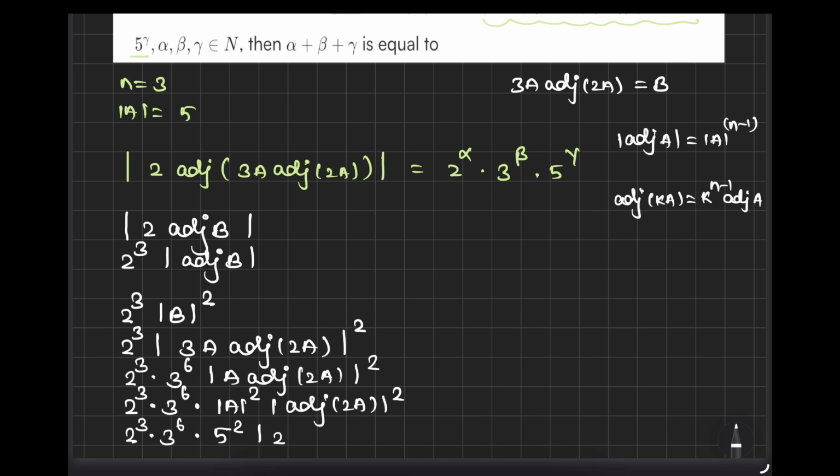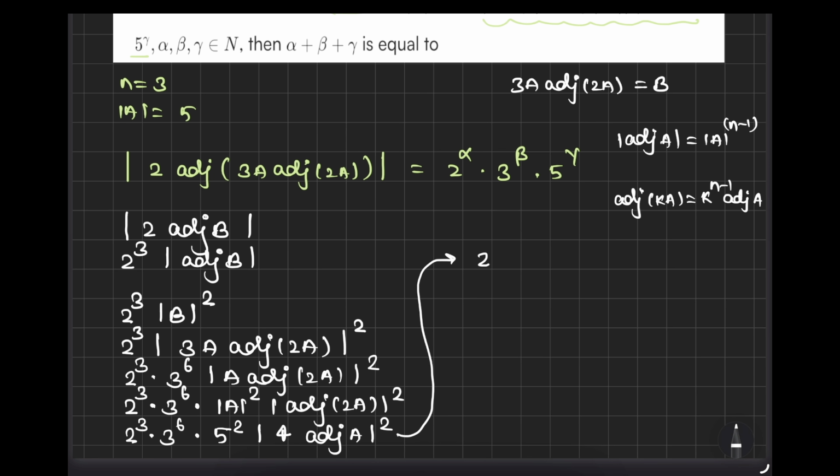So 3 minus 1 is 2. And then adjoint of A square. Now this 2 power 2 will become what? 4. And 4 will be multiplied with all the elements of a matrix. Now you are taking determinant. So if you take determinant, you have to take 4 common from every row. There are 3 rows. So 4 to the power 3.